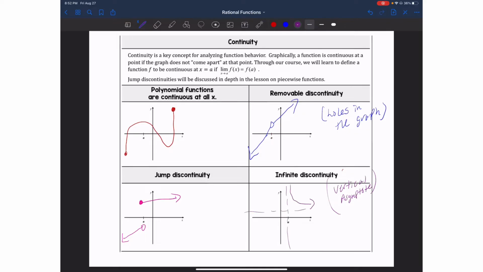Your graph coming down and then going up, etc. So as you can see, this part is going to positive infinity, this part is going to negative infinity, and they will never meet with each other. So it's not possible to fill in the discontinuity like you did here in this single point, because you would have to fill in an infinite number of points in order for the graphs to connect with each other.